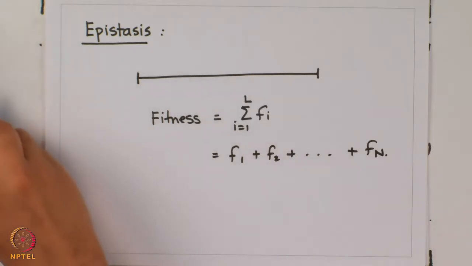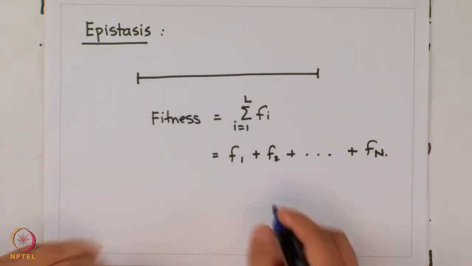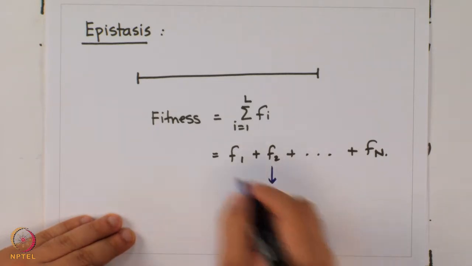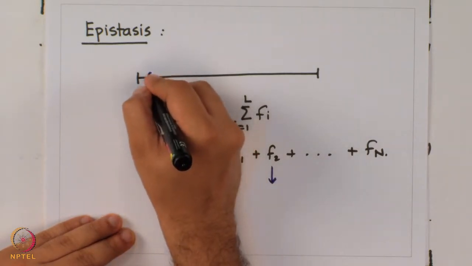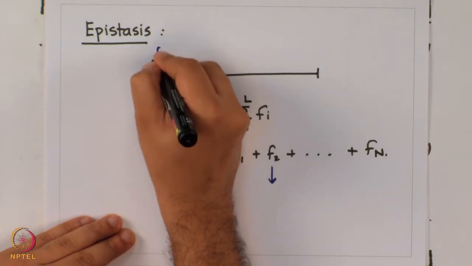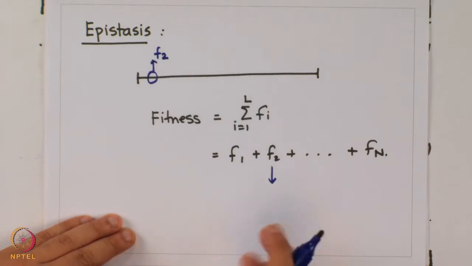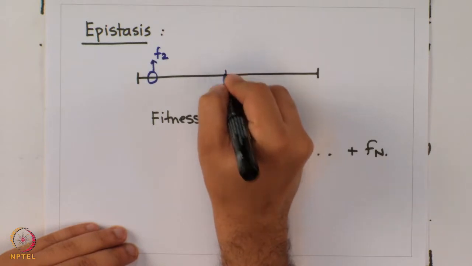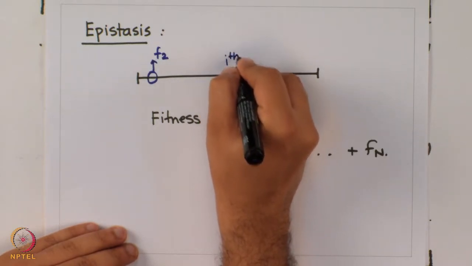But what you will find is that the contribution that F2 makes will often be dependent on, so let us say this is the second position, this nucleotide makes a contribution of F2, but the contribution that F2 makes will often be dependent on what is present at the ith location.